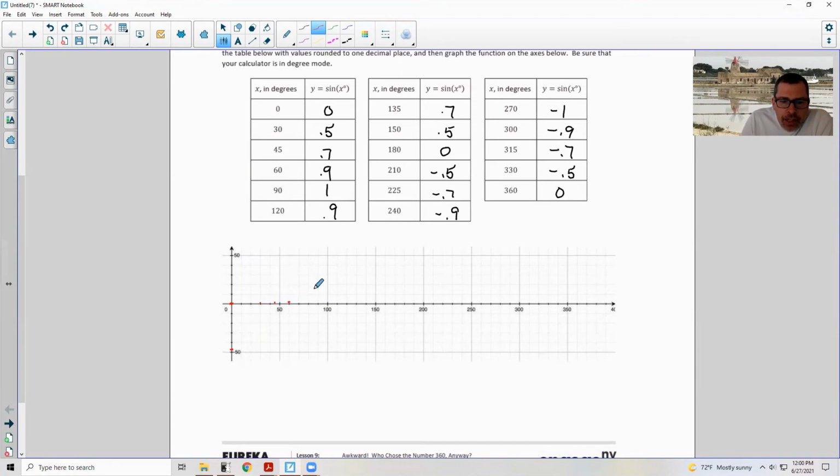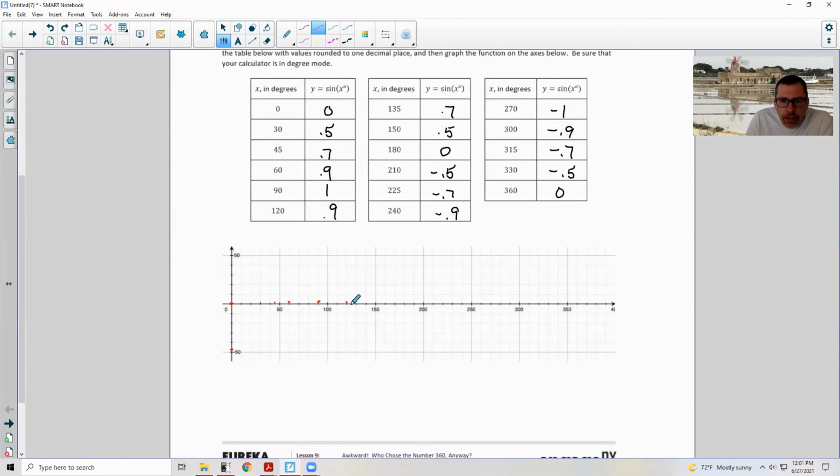And then we're going to start going back down again, 0.7, or actually we need to get up to 1, and that is at 90 degrees, which is here. So 1 on a scale of 1 to 10 is way down here. And then 120, 100, 110, 120, we're at 0.9.